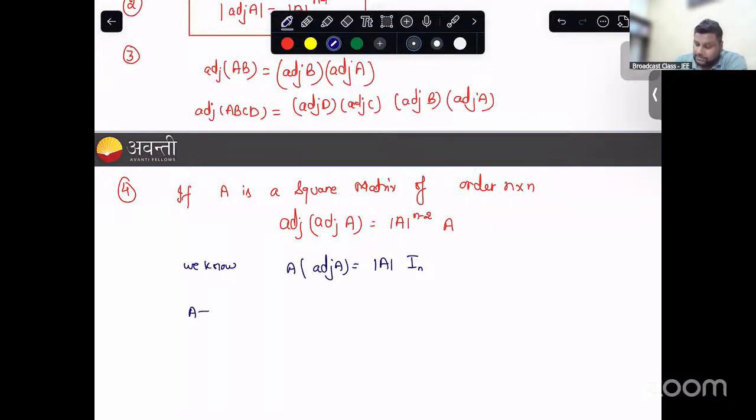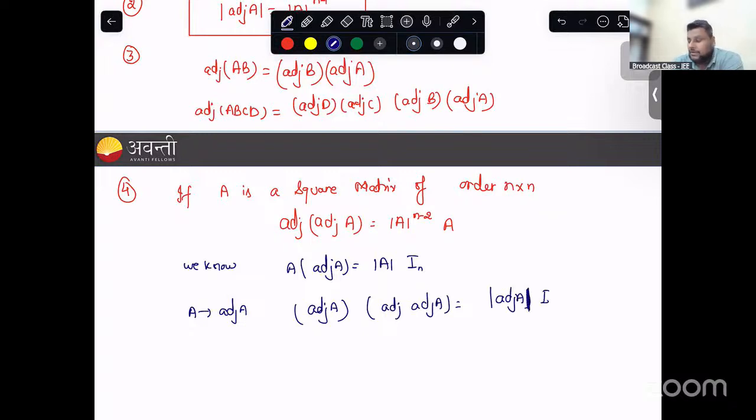Now, replace A by adjoint A. So it will become adjoint A into adjoint of adjoint A is determinant of adjoint A into I. Correct? I replaced A by adjoint A everywhere. Got it?